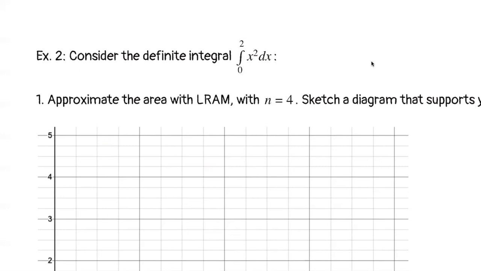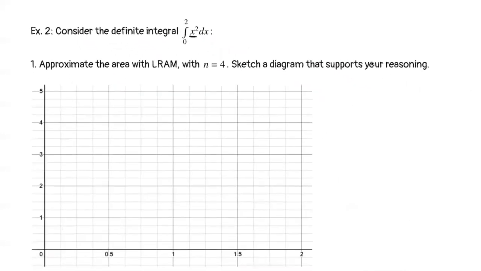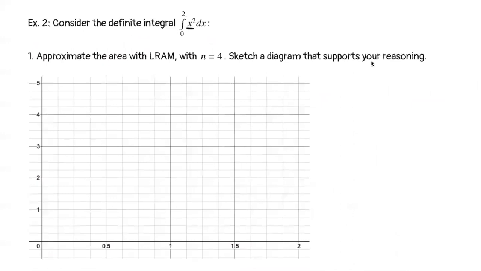Can't have one without the other. You have to have both. The inside part, in this case x squared, is the function that we are integrating, which we also call our integrand.